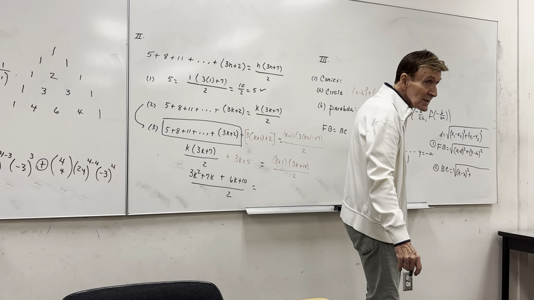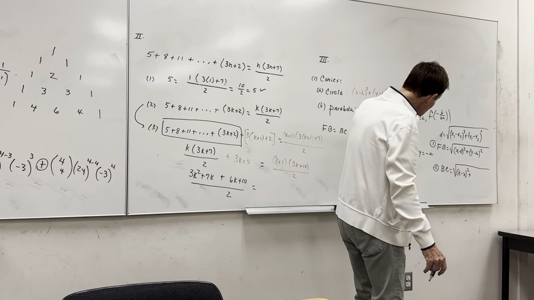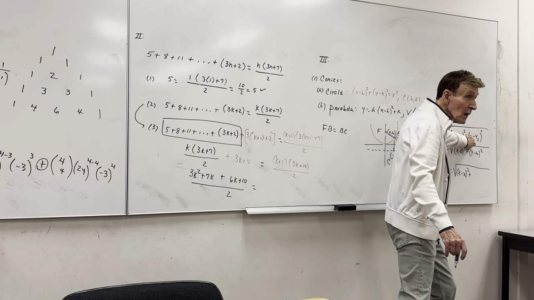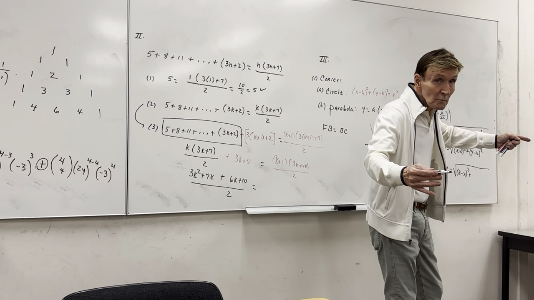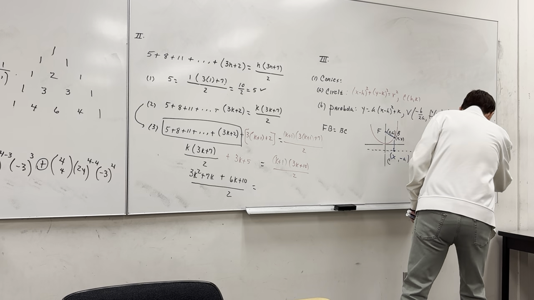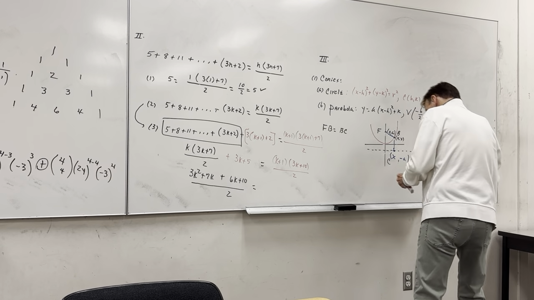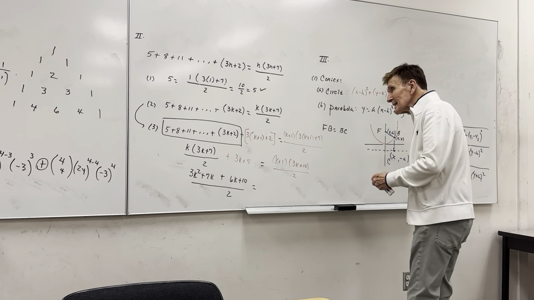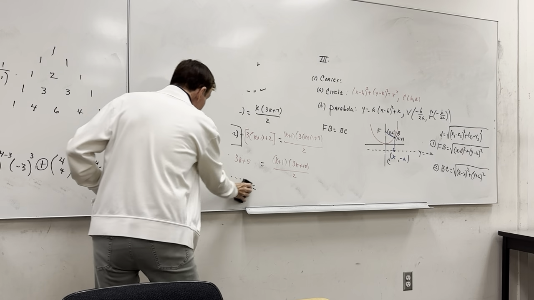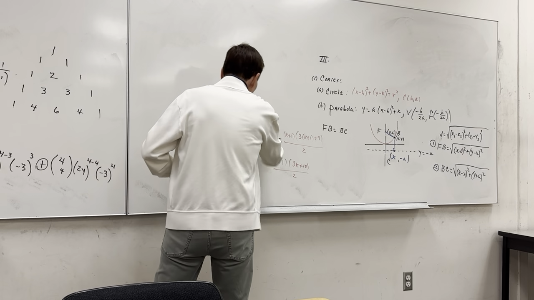Is that true, guys? Y subtract a negative a, which turns into y plus a, being squared. This class needs to see the derivation. We're going to work over here, and we'll see how all this works out.